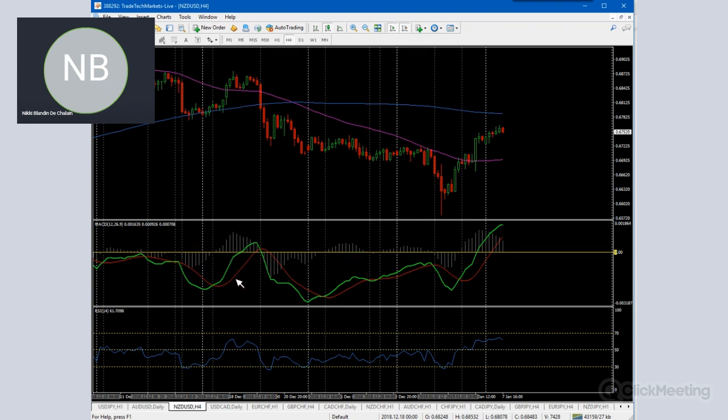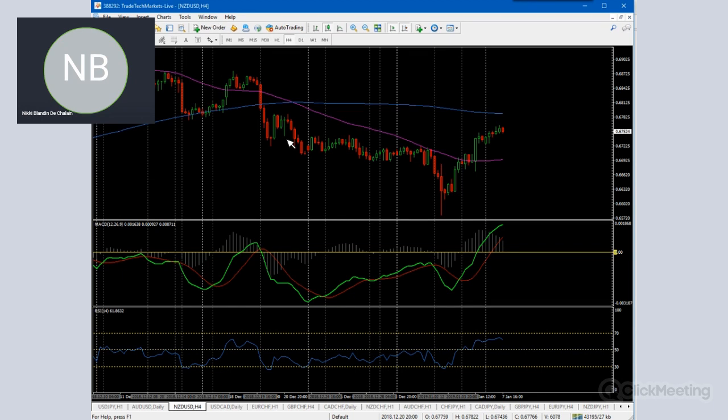We don't want to be entering into a sell position, for example, when the histograms are getting smaller, because it's showing a weakness in that trend, which we saw back here. So let's put that back into perspective again. Our histogram bars are above for bullish, below for bearish, and we want to see our histogram bars growing in size to give us that momentum coming through.